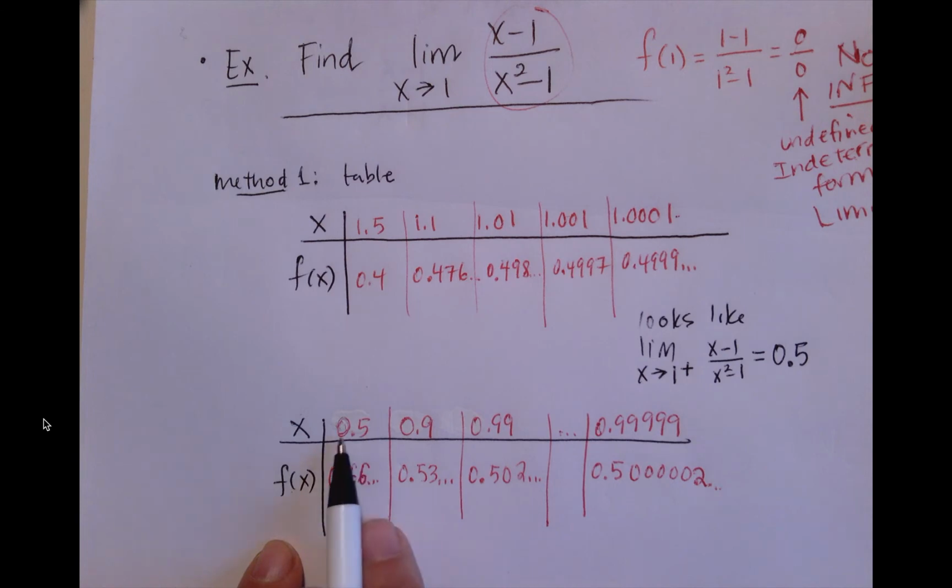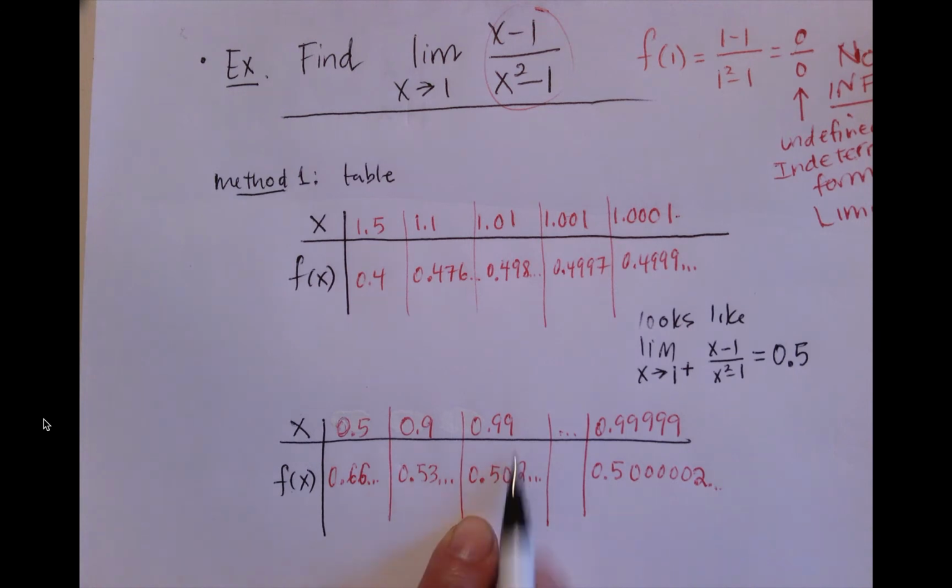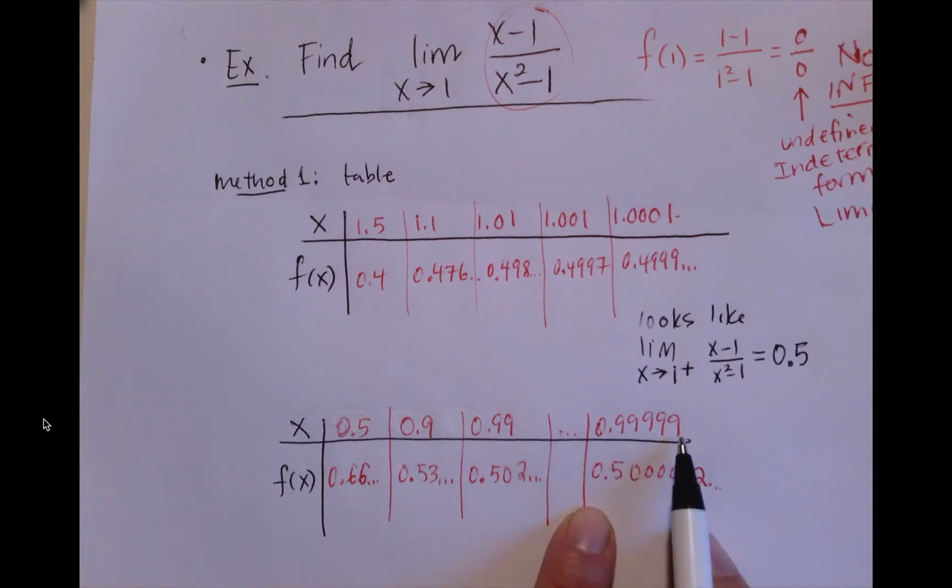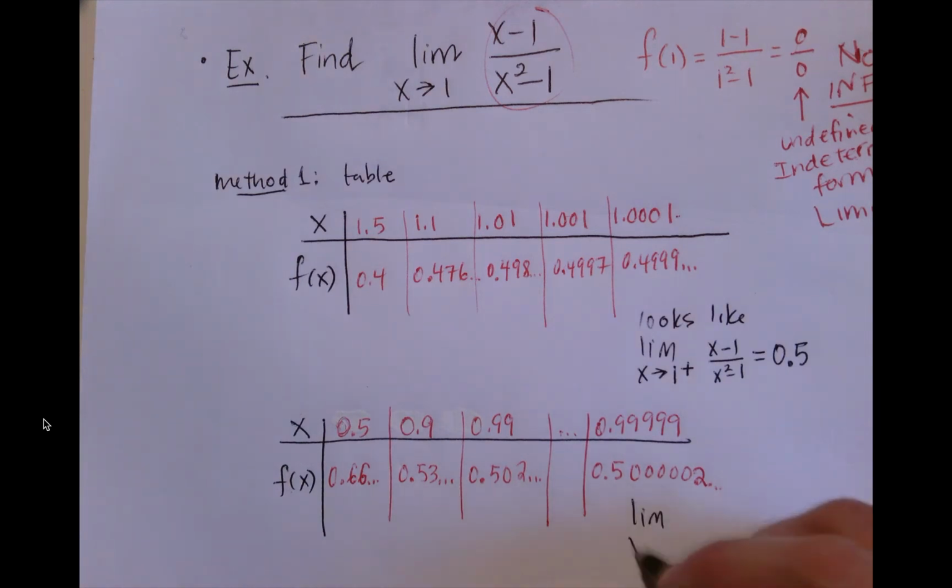I plug in 0.5, and this is my output. I plug in 0.9, this is my output, etc. And it's very clear that as I get closer to 1 on the left, my output is getting closer to 0.5. So it looks like the limit from the left is also 0.5.